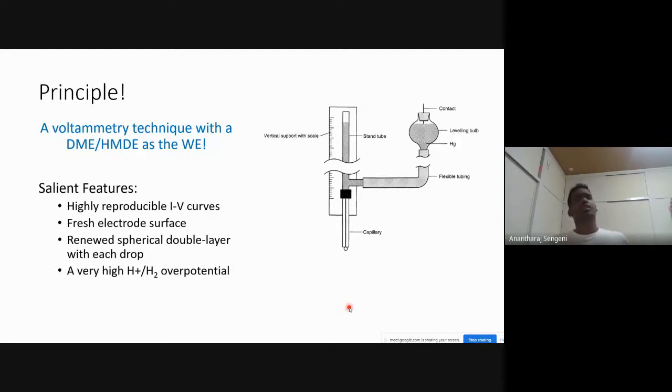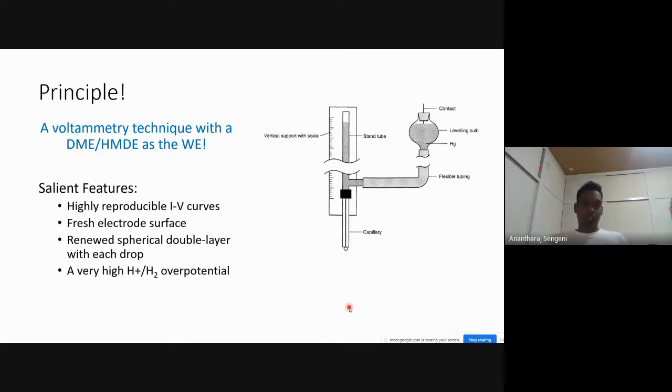If you take any other electrode in electrochemistry and perform voltammetric analysis, even with the same electrode, the next instant you will not get the same IV response. There will always be some difference between the first run and the second run. It is because of various reasons.